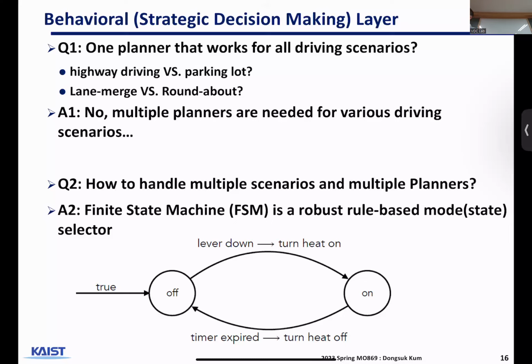But then the downside of that would be there's like an infinite number of scenarios. I mean, there can be, if you want to cover all possible scenarios in the world, right?